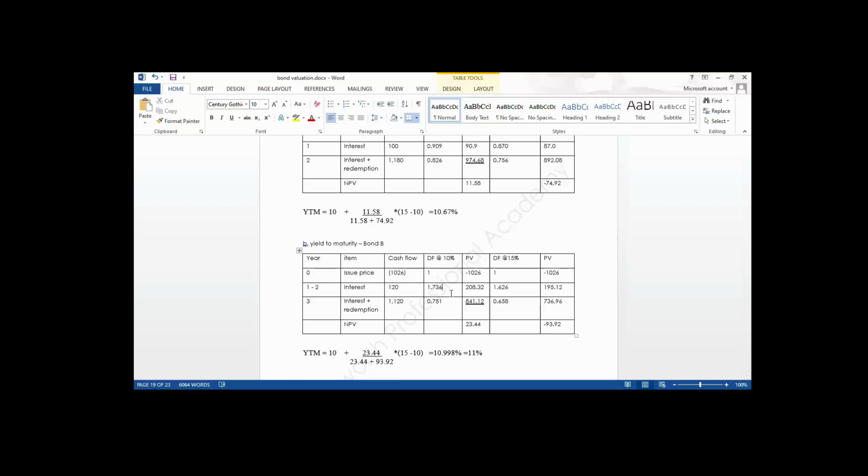I've assumed 10 and 15. Are we taking 10 and 15? Or you want to still do your 10 and 12?